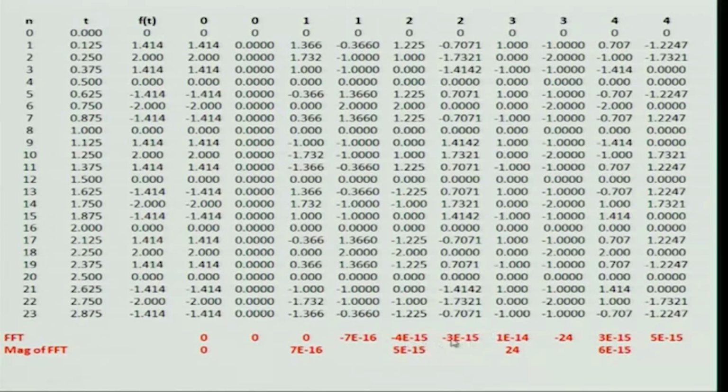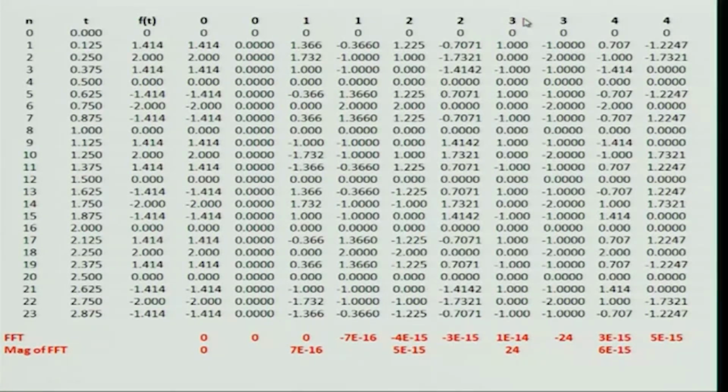So practically all the components are coming out to be 0, right? This e minus 16 is 0, or pretty much close to 0, but you come to column 3 and what you will see is that the real component is 0, the imaginary component is minus 24. So in this case, the Fourier component corresponding to k equals 3.